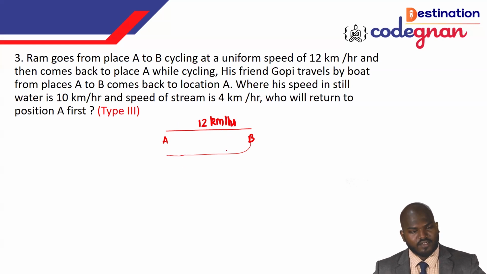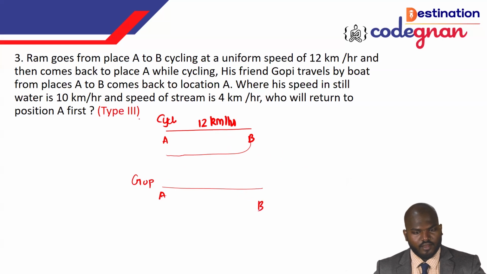His friend Gopi traveled by boat. Same as here, but this fellow is cycling, whereas Gopi is traveling with the boat, from A to B and coming back to the location of A again, where his boat speed is 10 kilometer per hour.